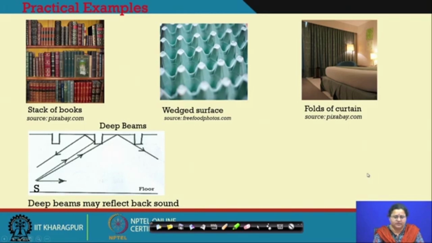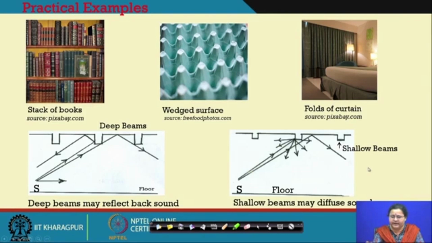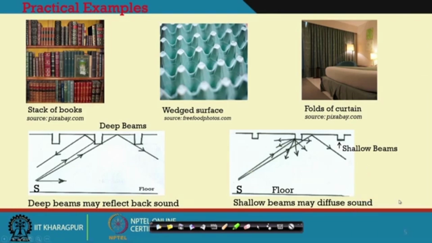So, this is not a good place where sound will get reflected, whereas you can have shallow beams which can diffuse sound. So, the corners of the beams, the widths of the beams can help in diffusing the sound and spreading it to the floor directly, so that the listeners can hear better.